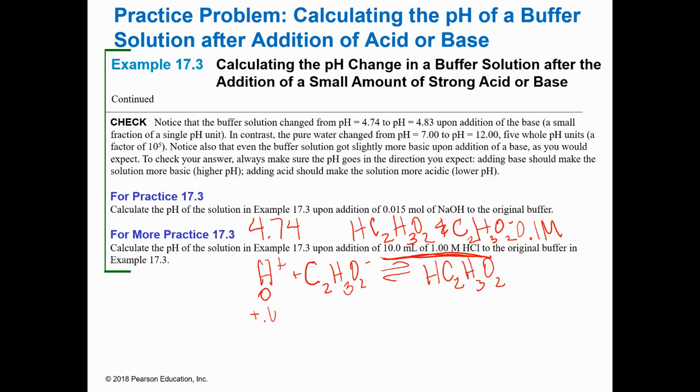Okay, so this is 0.01 because, remember, molarity is moles per liter. So to find moles, you do molarity times liters. Okay, and then this was 0.1, this was 0.1.